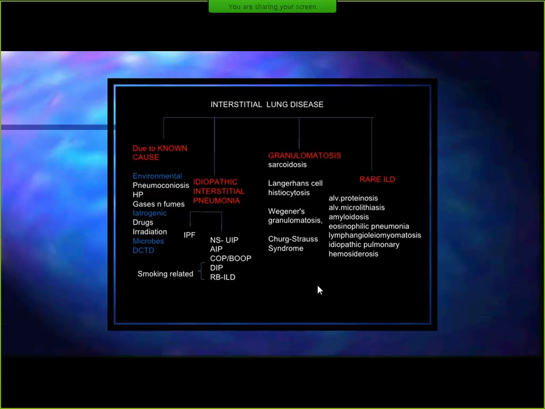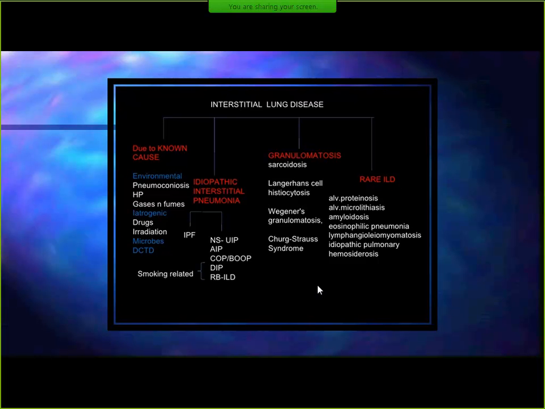Then you have acute interstitial pneumonias. Those present as if they were ARDS. They used to be called Hamman-Rich. Then you have cryptogenic organizing pneumonia, or they used to be called bronchiolitis obliterans organizing pneumonia. It presents kind of like a repetitive pneumonia with fevers. It has a good prognosis most of the times.